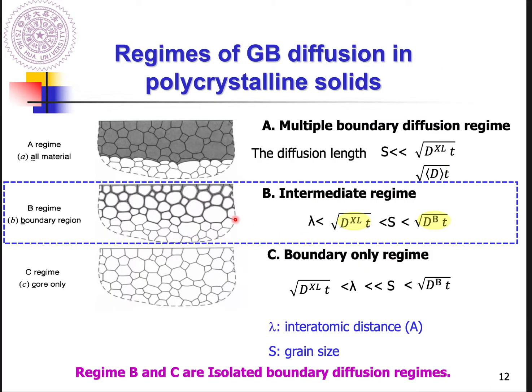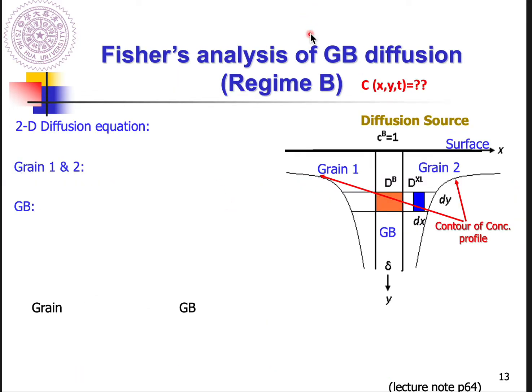So here we are going to introduce a method which we call Fisher's analysis to obtain the concentration profile as a function of location and time in region B. Okay, so how to do that? First of all, we give you a picture here.